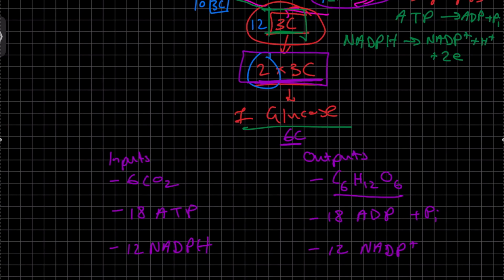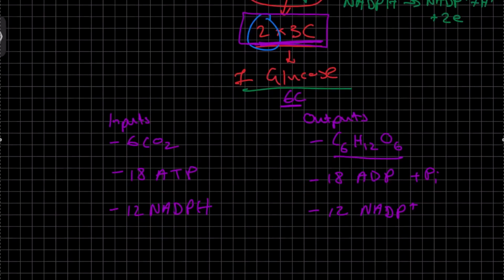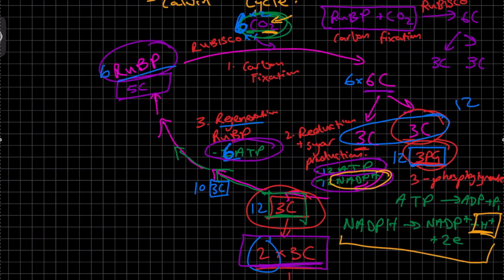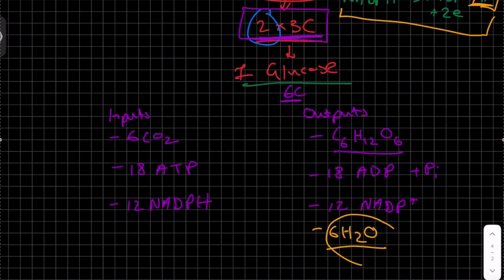Now, I also mentioned before that we get the production of 6 H2O molecules in this stage as well. These 6 H2O molecules can be considered to be generated from the oxygen that comes from the carbon dioxide and the hydrogens that come off the NADPH in this reaction to convert it into its low energy counterpart. The oxygens from the CO2 and the hydrogens from this NADPH reaction are combined to produce 6 molecules of H2O in this stage.